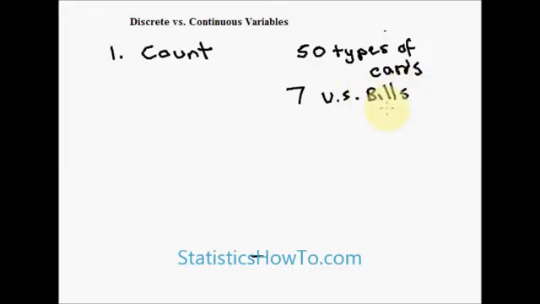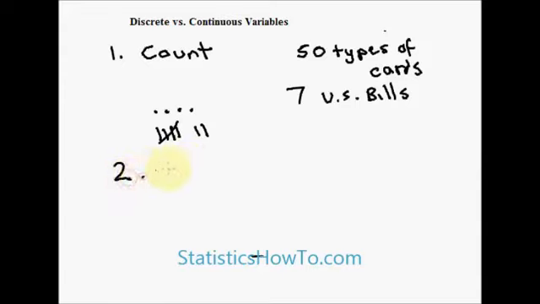These are both examples of discrete variables. If you can count them by dots or hash marks, these are discrete variables. If it would literally take you forever, like counting time from 1 second to millions of billions of seconds, that is a continuous variable.